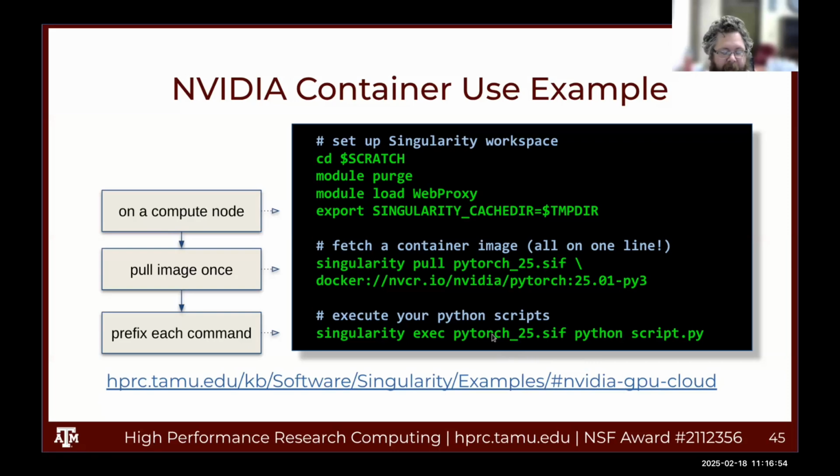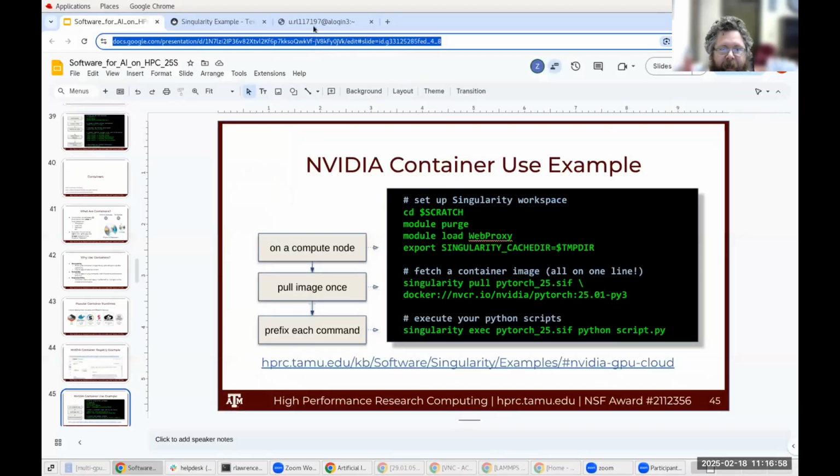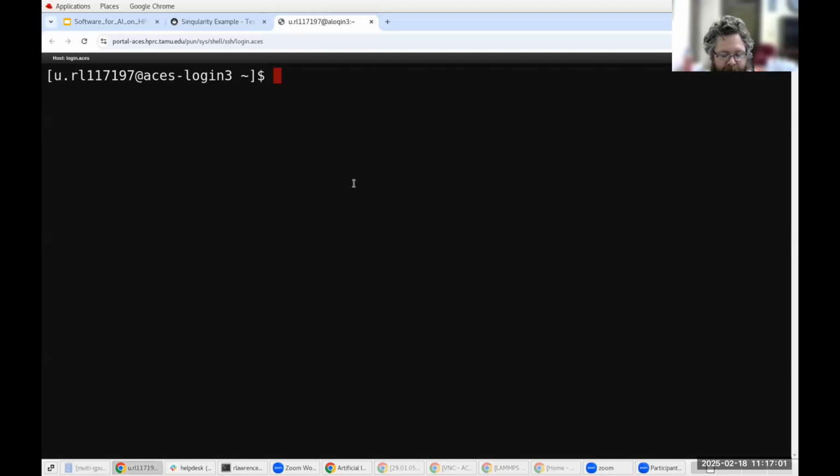So I will demo this for you quickly. I have a command prompt over here. I just need to get on a compute node. So I'm going to use srun to interactively get to a compute node. There's more than one way to get to a compute node. I need to specify a time.